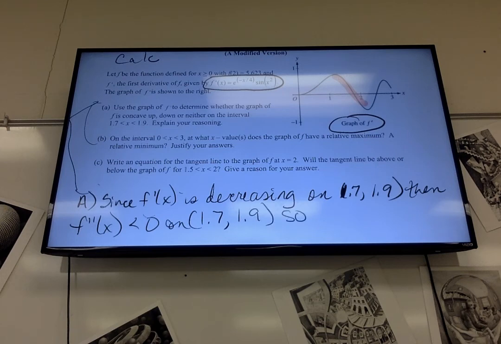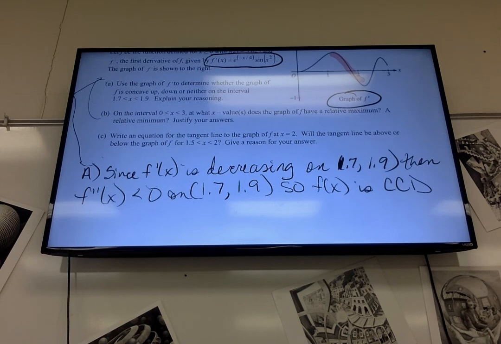So f of x is concave down on 1.7 to 1.9. Now, this is not the only way of describing this.